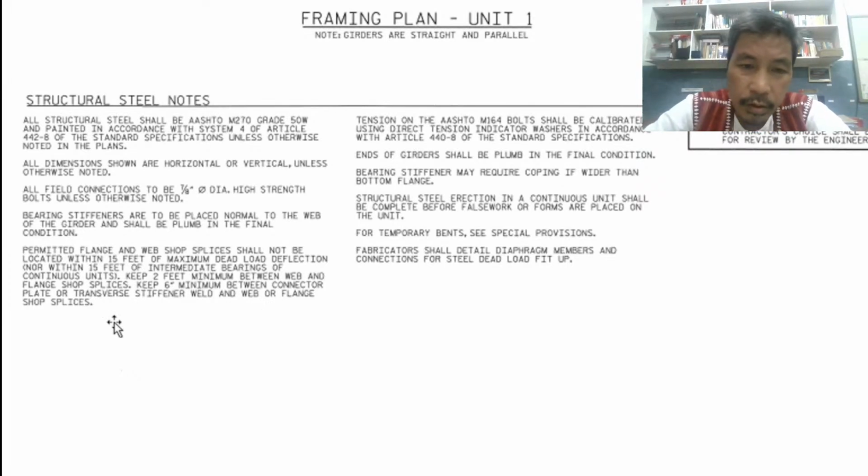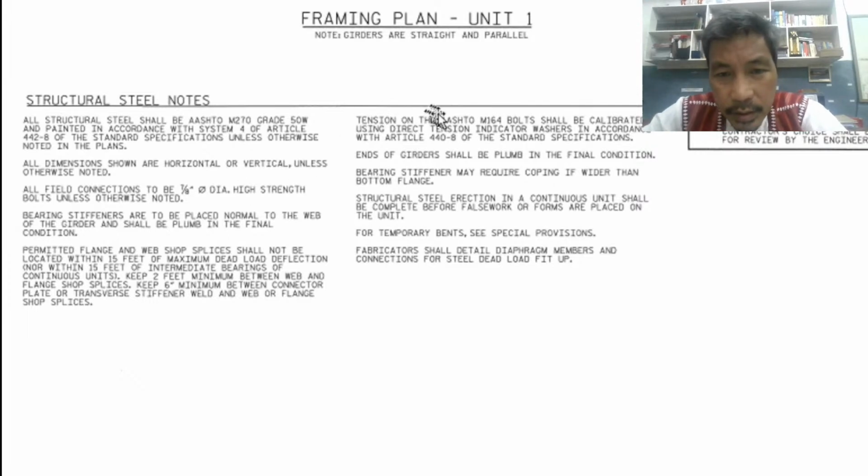So if you are not using flange but instead you are using connector plates, keep it 6 inches minimum between themselves. Or even if you are using a transverse stiffener, welded, and web or flange splices, so that is the exact condition.